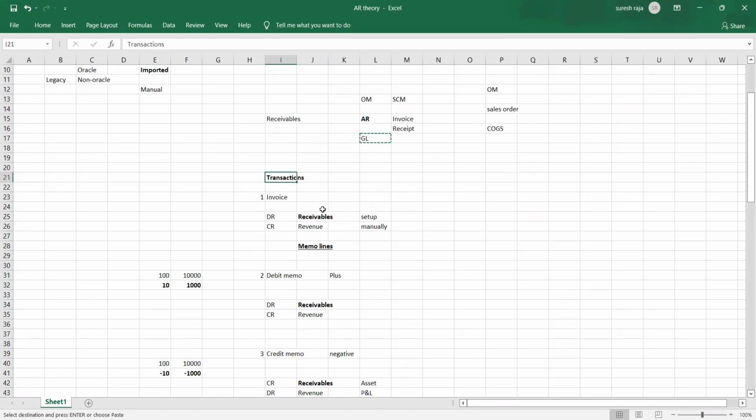So this is the accounting entry. Tell me if this is correct or wrong. Receivable to revenue. Why is it generated in receivable? Because receivables are assets, sir, so we debit that asset, and the revenue needs to be credited.